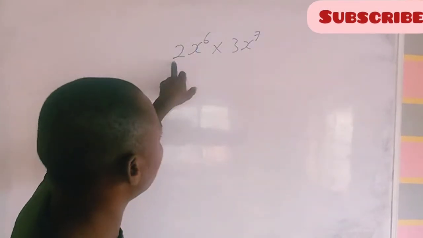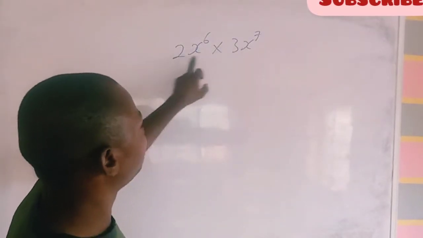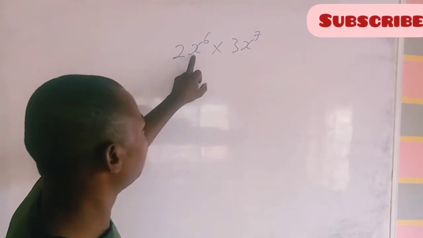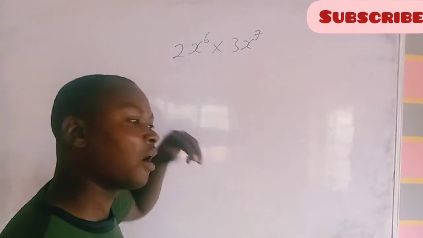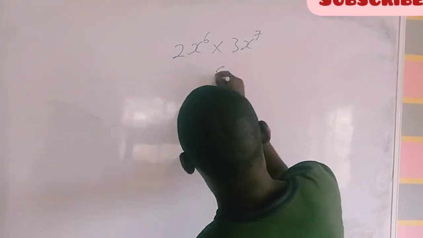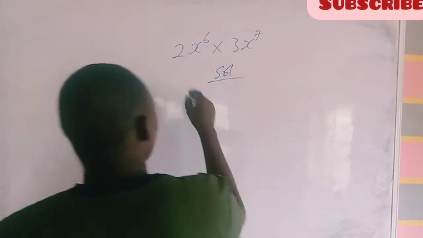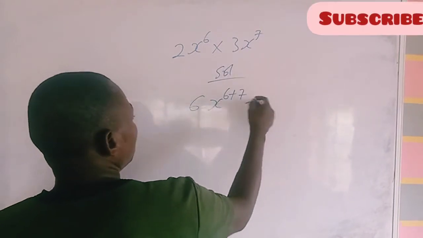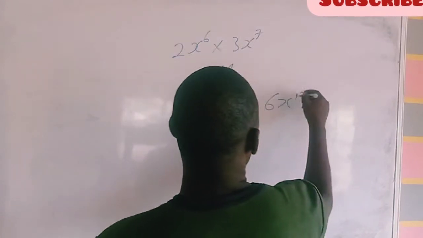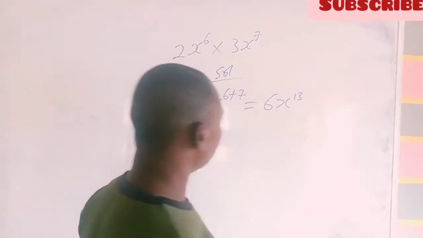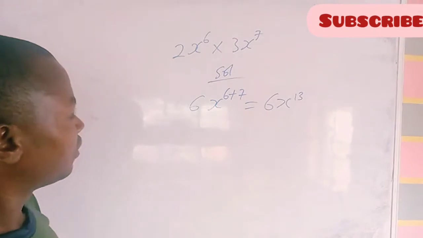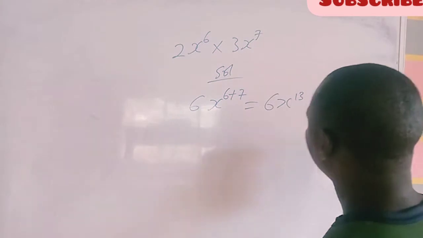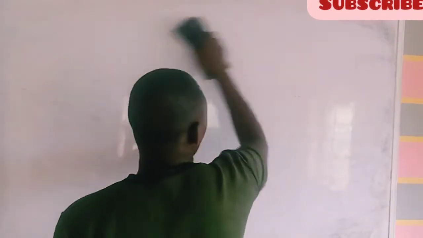They will multiply each other while we pick one of the bases, then we add the powers. So this is the solution. We have 2 times 3, which is 6. 6 plus 7 equals 6x raised by 13. Okay? That's how to handle that.